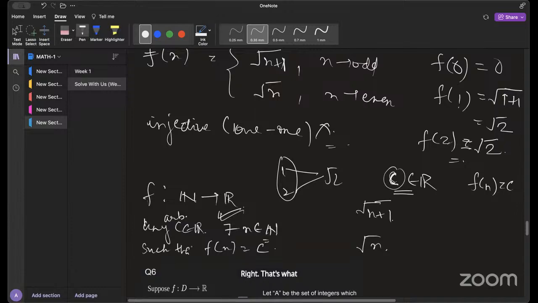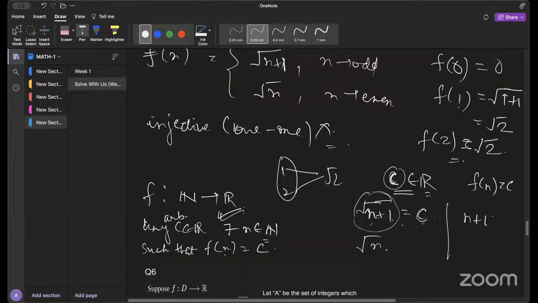That's what onto means. So let's try to find this n for any random C. We'll equate this to C. This is your function, right? This is Fn. So we'll substitute the square root. What we're doing here is trying to find the value of n such that Fn is C, where C could be any real number.